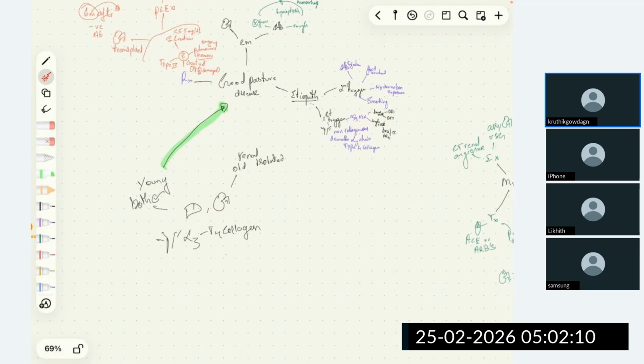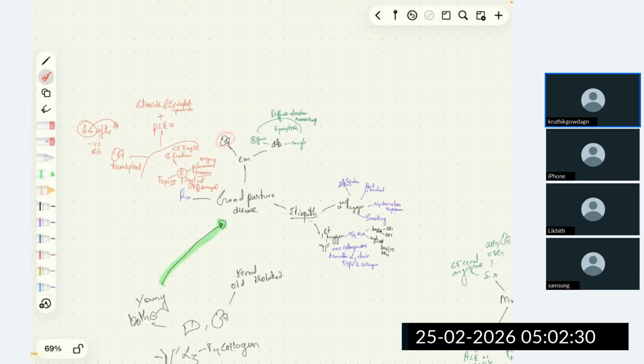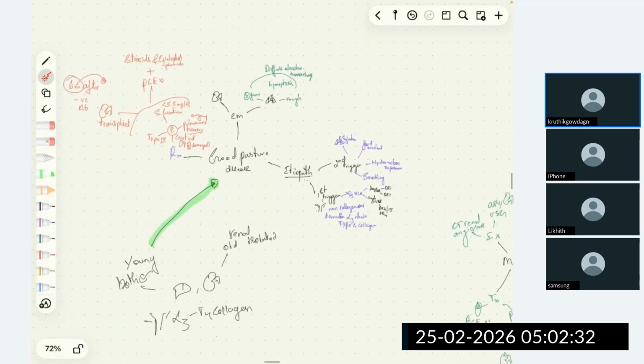If it occurs in old age and only renal manifestation is seen, it is called isolated renal disease with antibodies against alpha 3 type 4 collagen. Now we are seeing Goodpasture disease or syndrome where both kidney and, I mentioned liver here, sorry, not liver, it's lungs, sorry for my mistake.